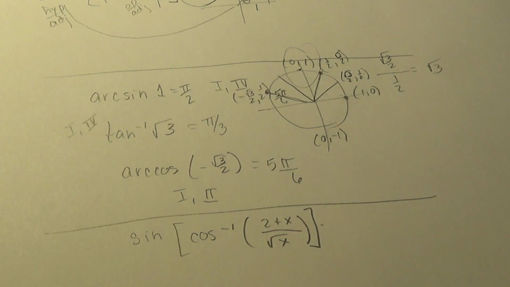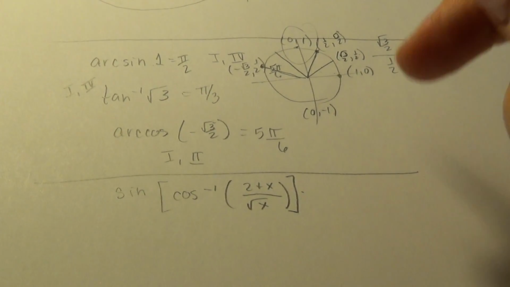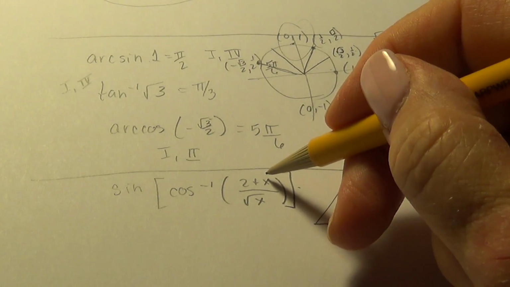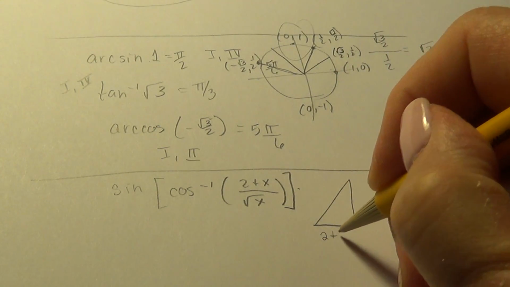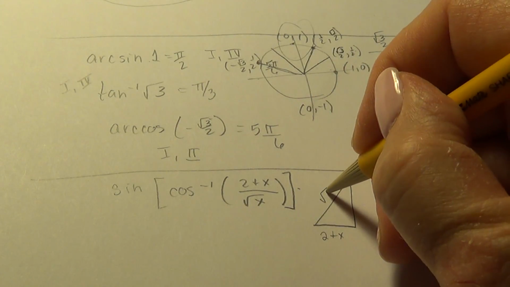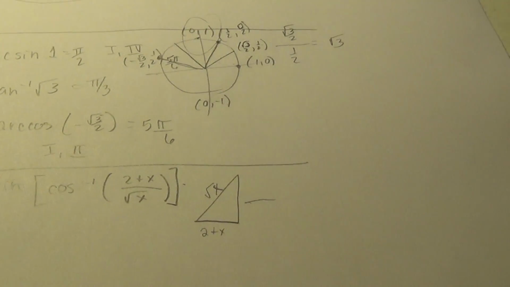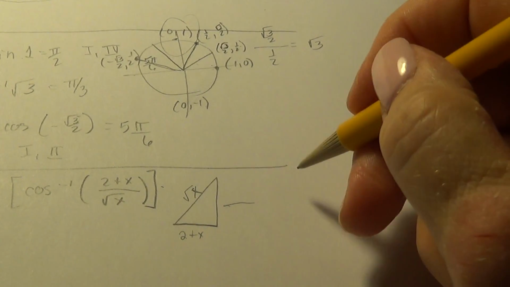So we're going to have to draw it. So when I draw it, I'm going to get an adjacent over hypotenuse. And the biggest pain on this one is coming up with the third side, Pythagging it with these variables or expressions. But we have to do it.